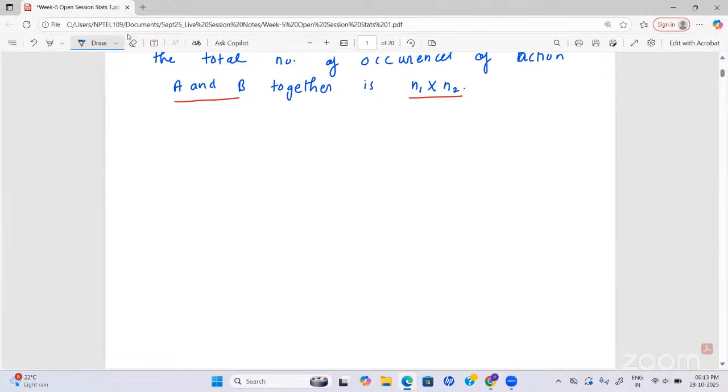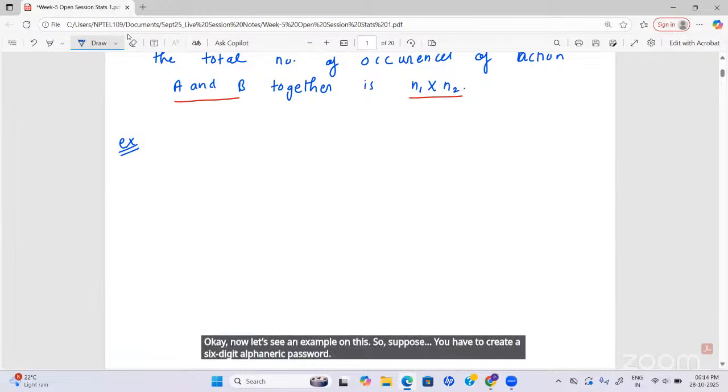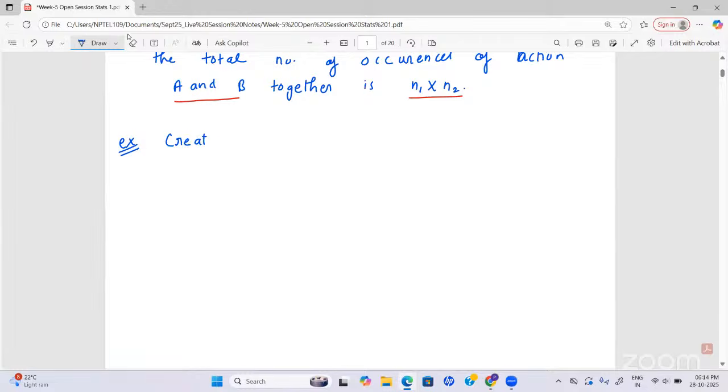Suppose you have to create a 6-digit alphanumeric password.